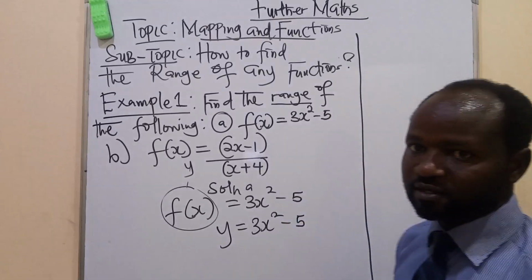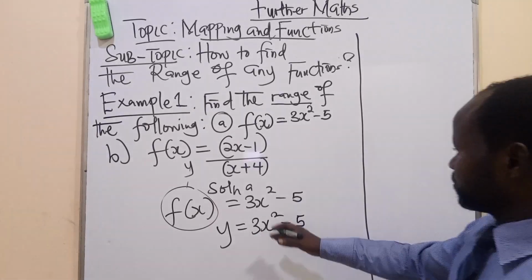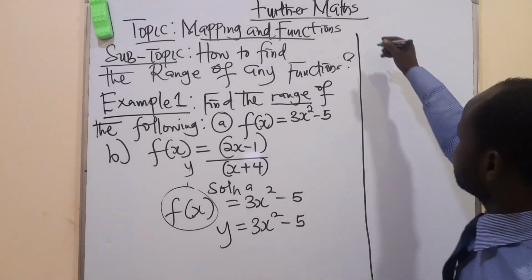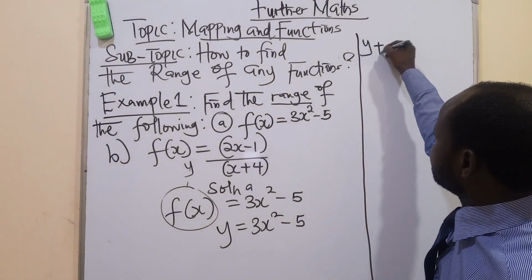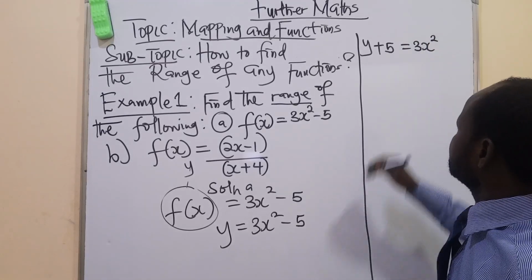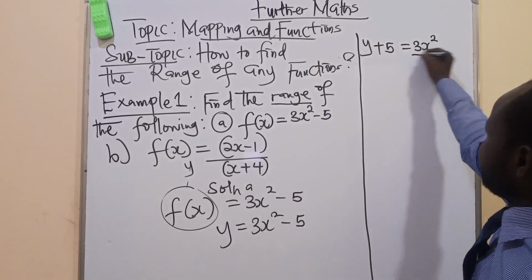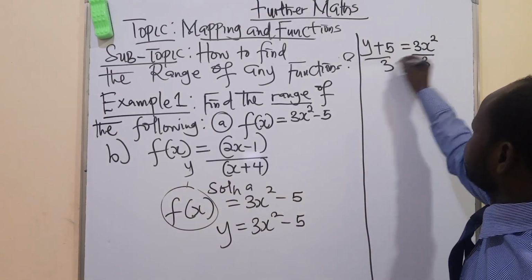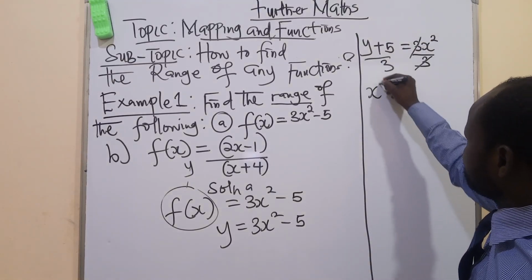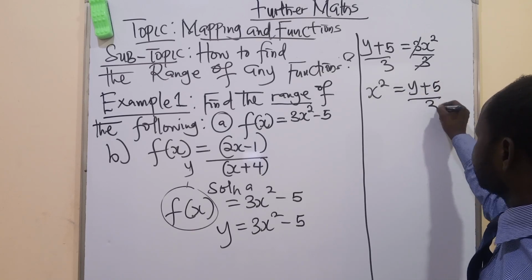Then we make x the subject of the relation. Let's collect like terms. We have y plus 5 equals 3x squared. The coefficient of x squared is 3, so we divide both sides by 3. So x squared equals y plus 5 divided by 3.